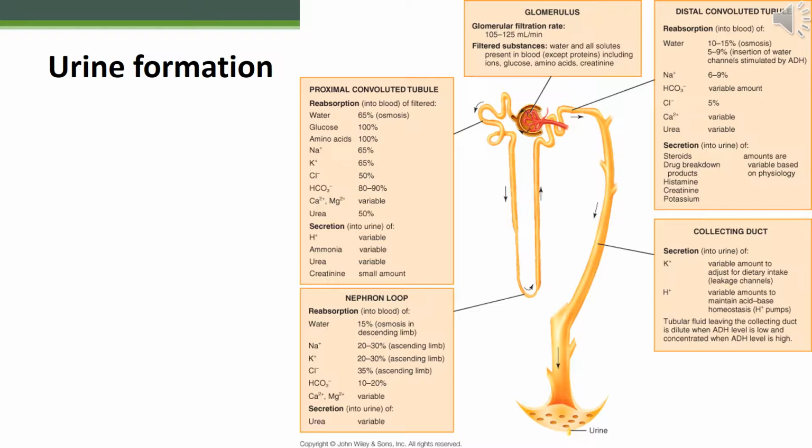And then in the nephron loop, we have mostly the process of reabsorption and the secretion of urea into the urine.